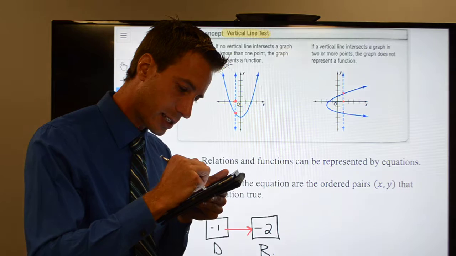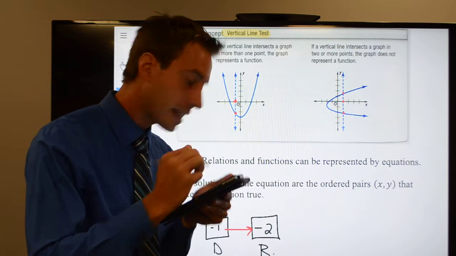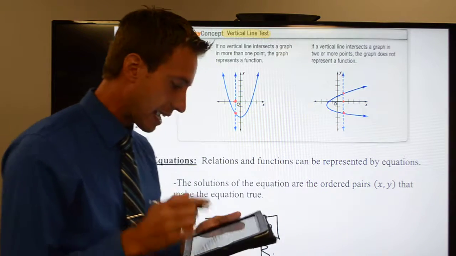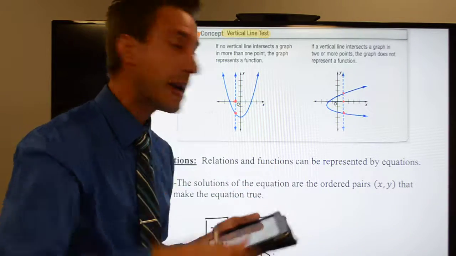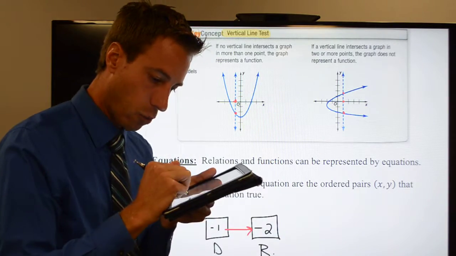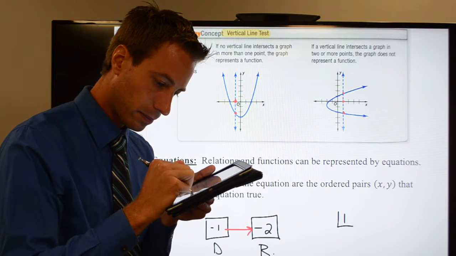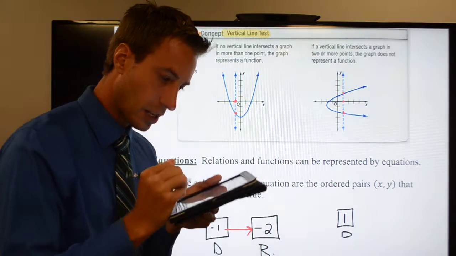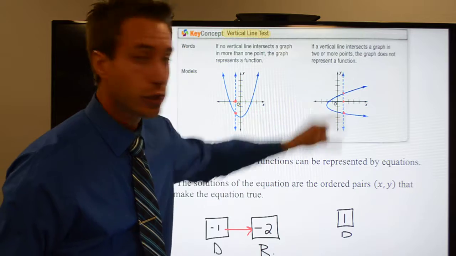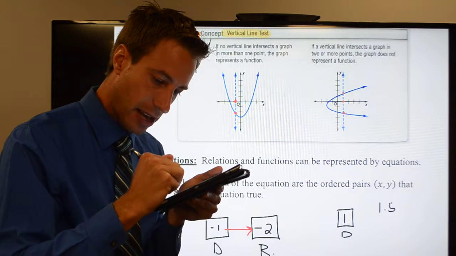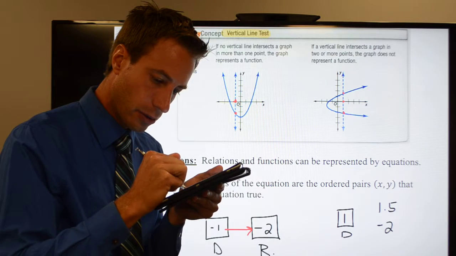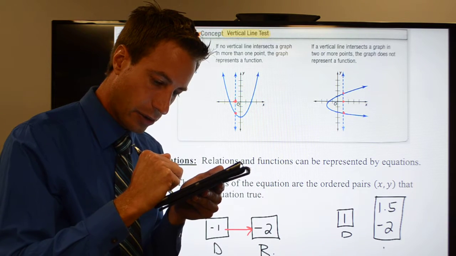But it also crosses down here at what looks like a negative 2. So in this case, if I were making a map, my domain value, which is a positive 1, actually goes to two range values, a positive 1.5 and a negative 2. Those are my range values.